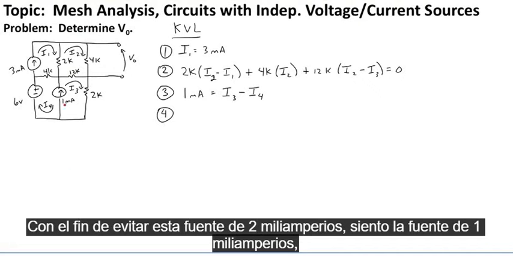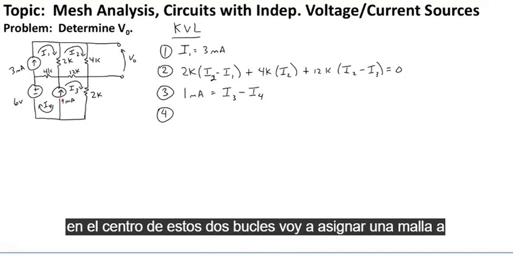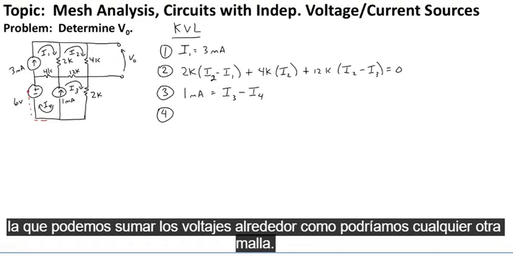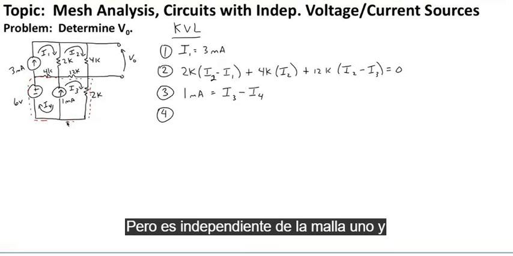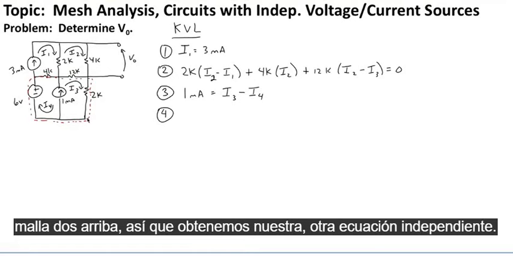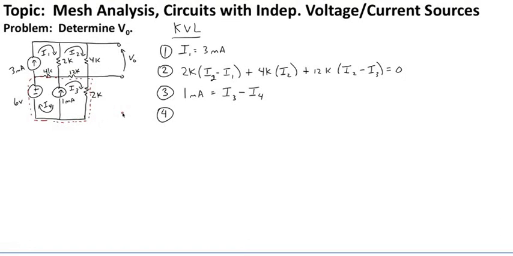In order to get around the 1 milliamp source in the center of these 2 loops, we're going to assign a mesh which we can sum the voltages around just like any other mesh, but is independent of mesh 1 and mesh 2 above, so we get another independent equation.